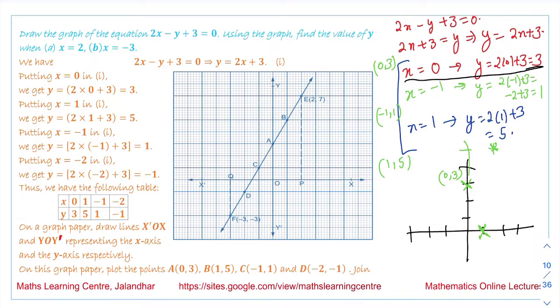We have shown these points in this graph. Point A represents the point 0 comma 3, and point B represents the point 1 comma 5. Now from these 2 points you can join them and draw the line over here.